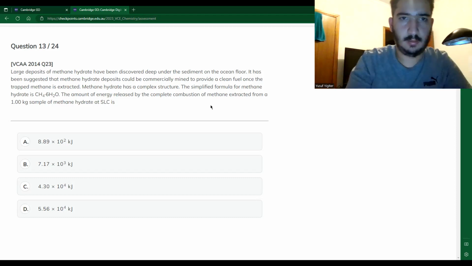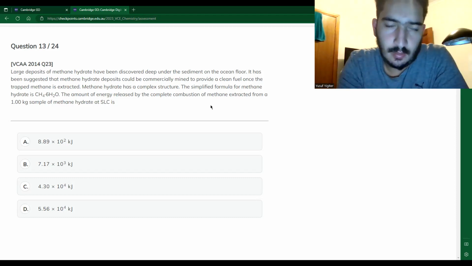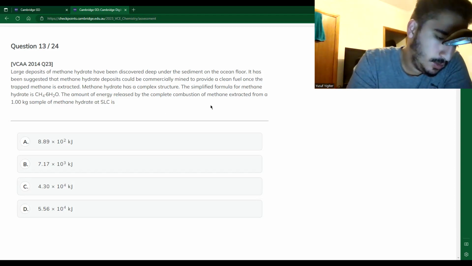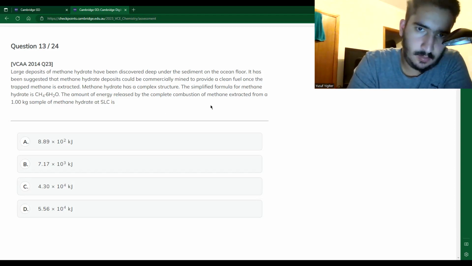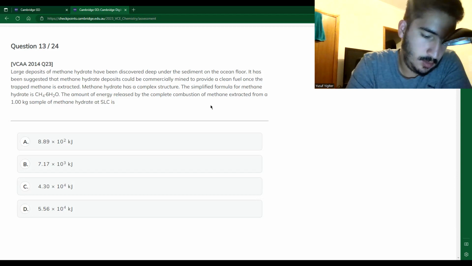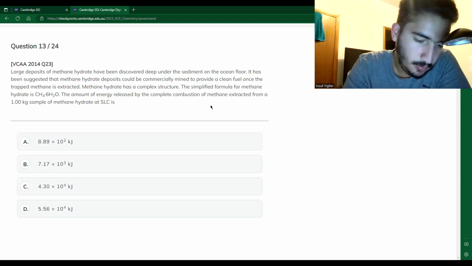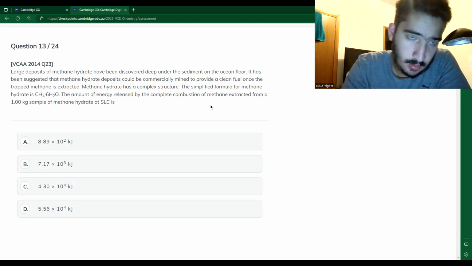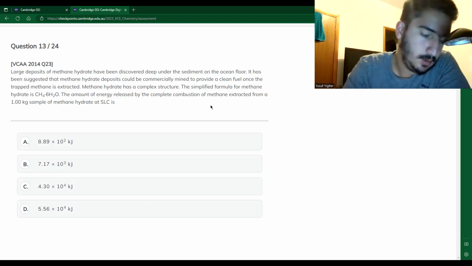For complete combustion of methane, CH4 plus O2 gets you CO2 plus 6H2O.